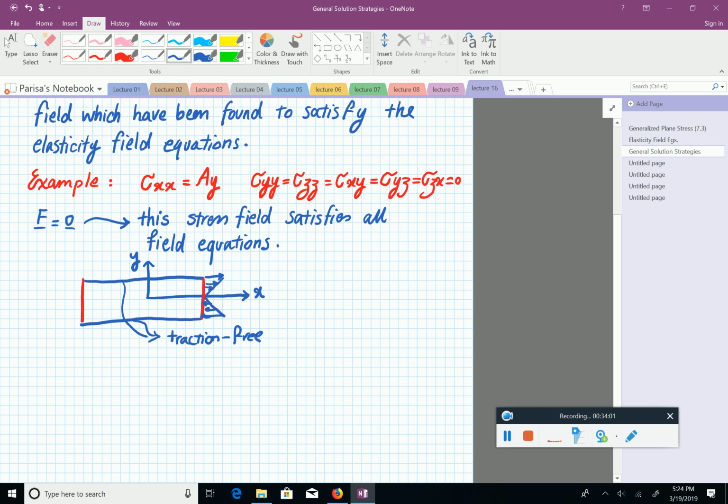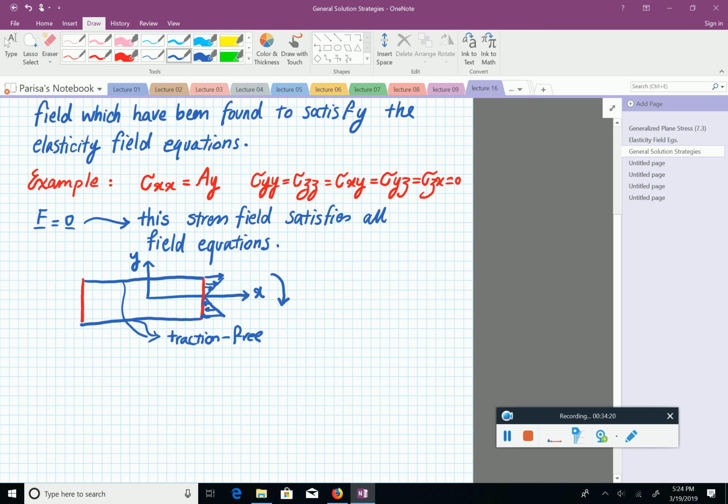This kind of stress distribution reminds you of what? Tensile? It's bending, right? If you use Saint-Venant's principle, this is like having a moment.